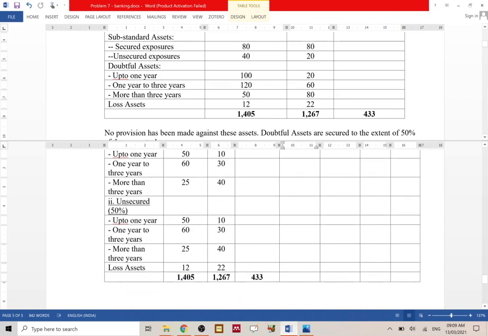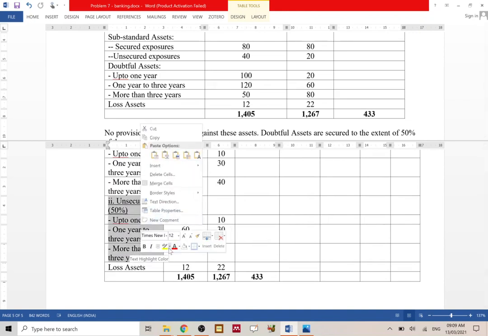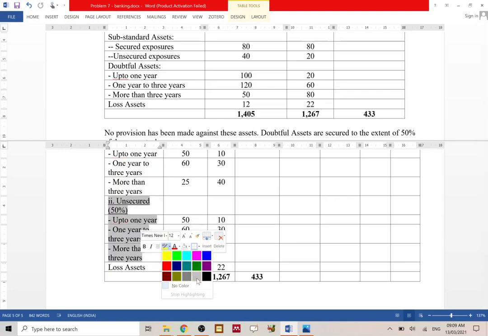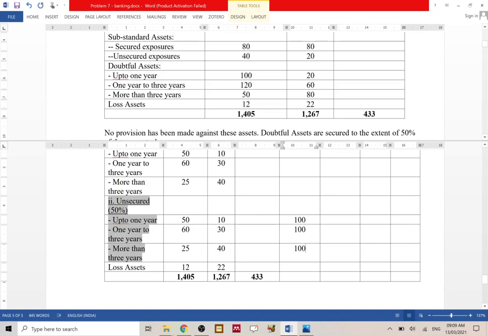So this is the unsecured category. You just highlight it so that you see it. All these unsecured ones, the rate of provision will be 100, whether it is 1 year, 3 years or more than 3 years.